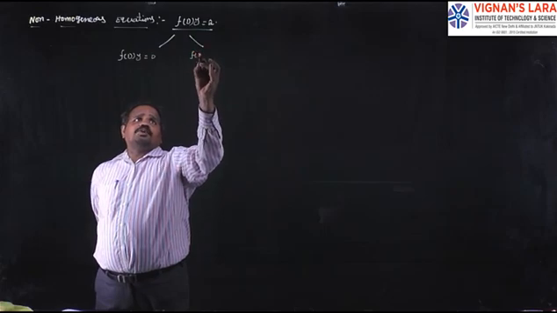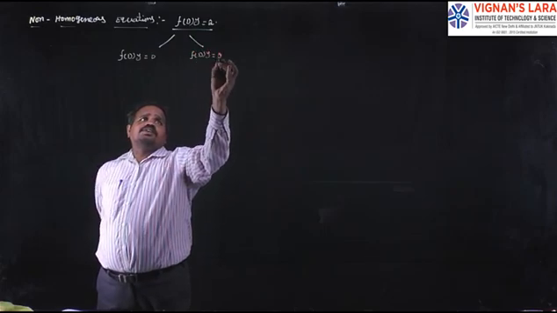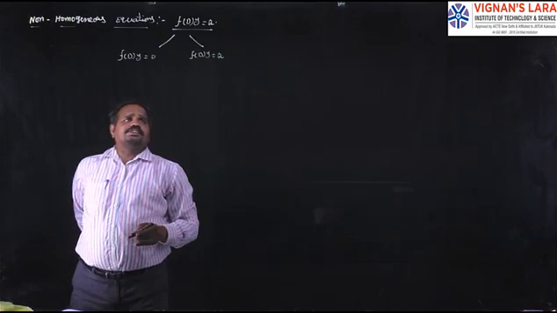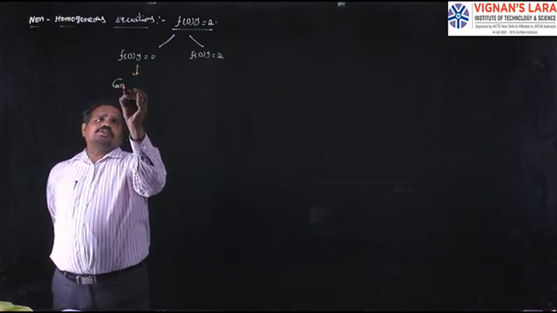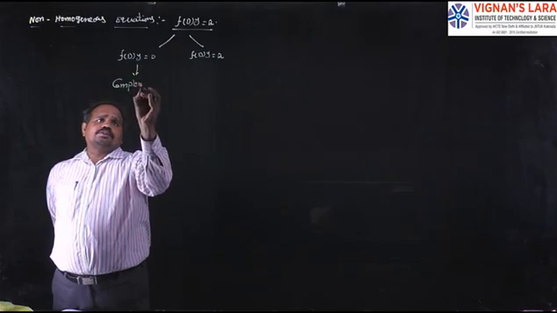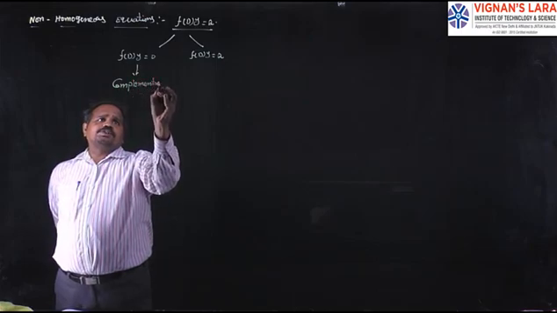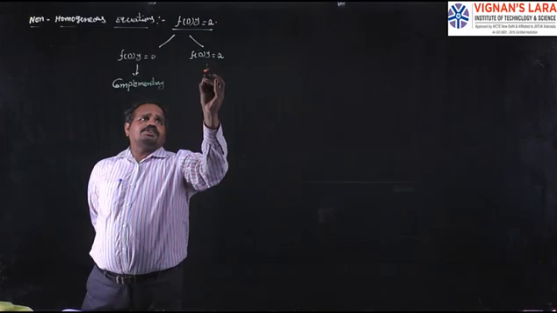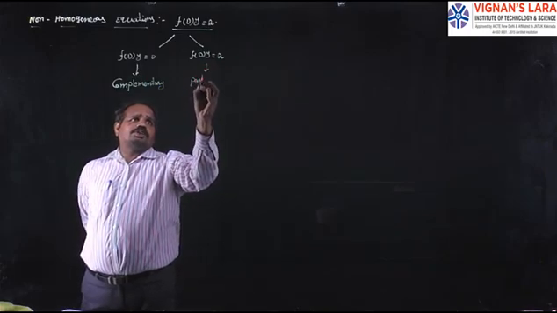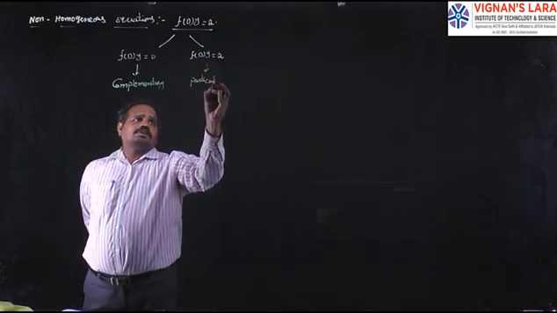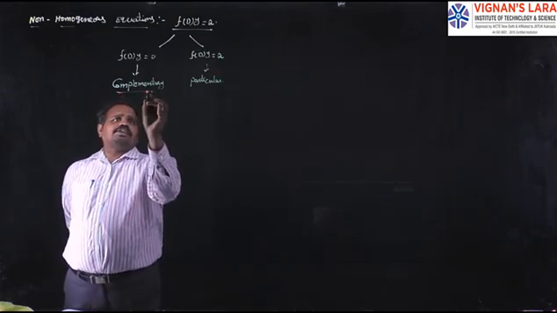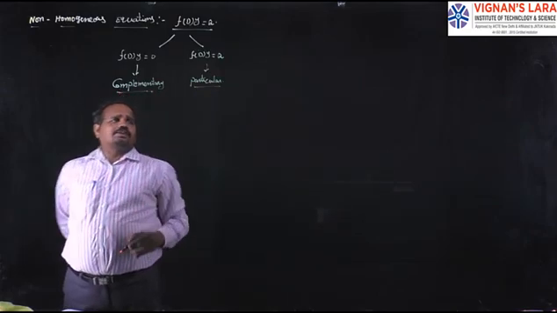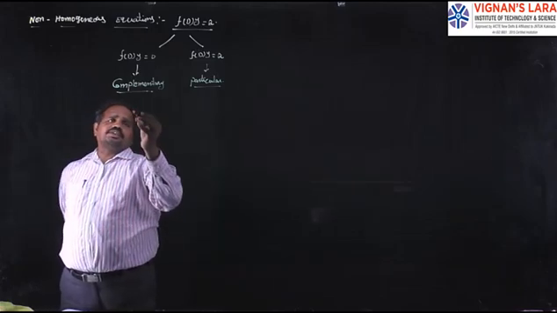Another one corresponds to the equation f of D into y is equal to Q. Corresponding to the first, you will get the complementary solution. Corresponding to the second, we will get the particular solution. If you add these two, already I said about the complementary solution. We will discuss the particular solution in this one.